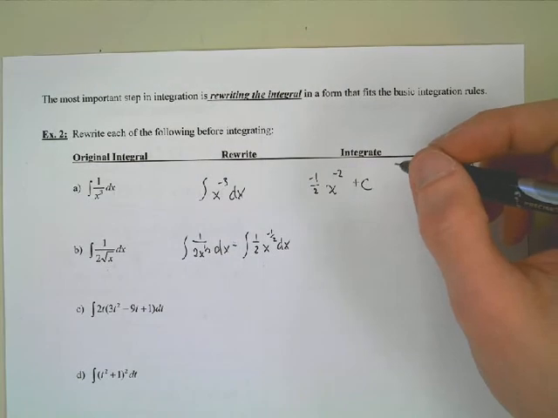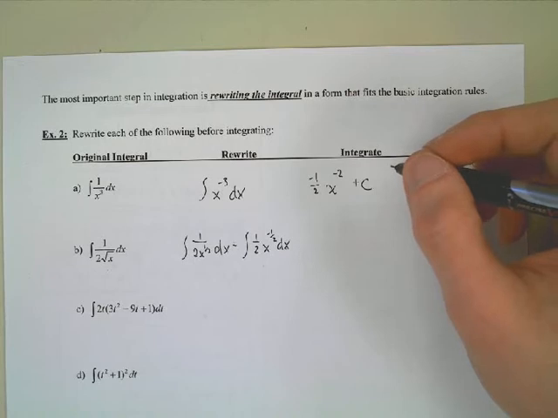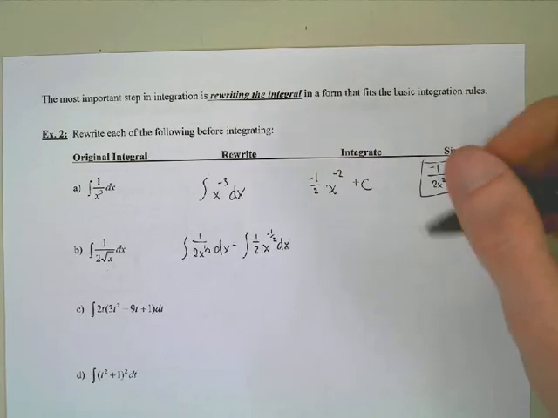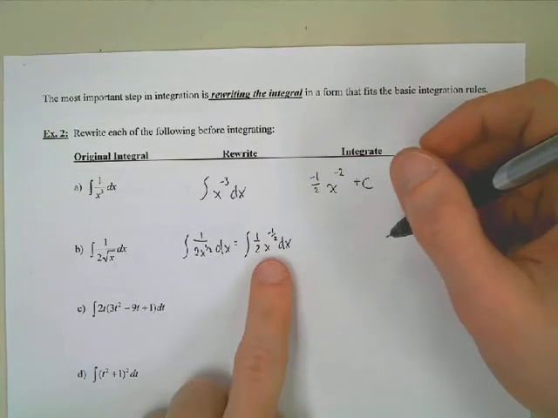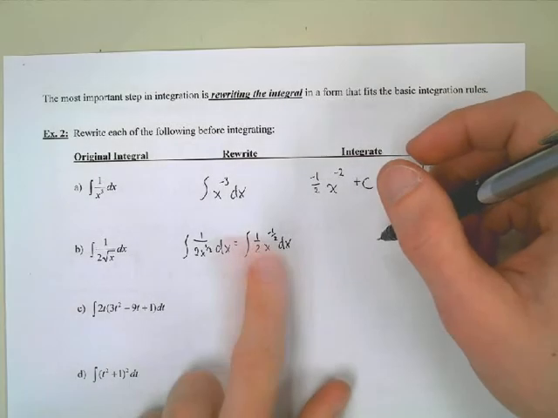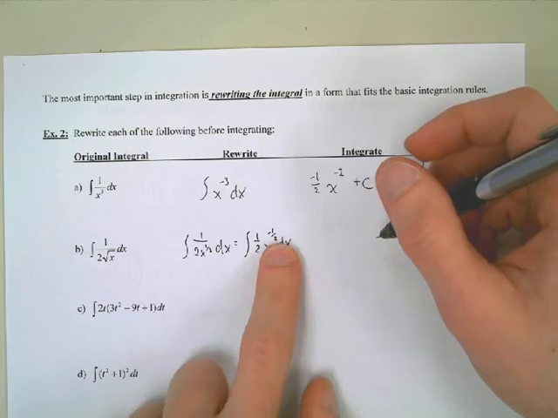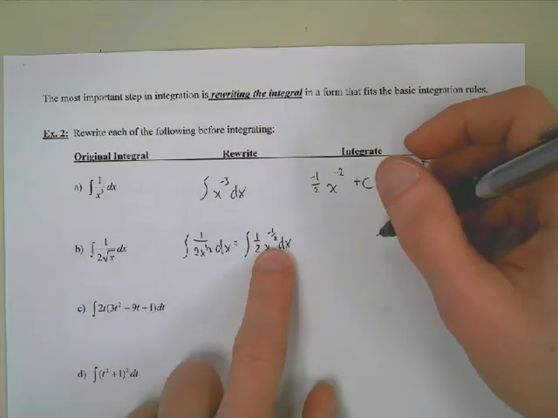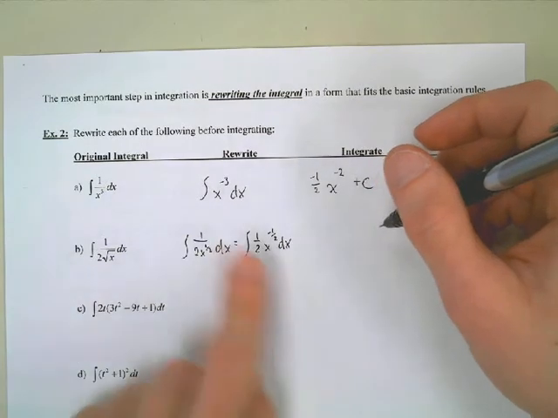Okay, so there it is. When we integrate x to a power, what do we do to get our new power? You add 1. So negative 1/2 plus 1 becomes x to the 1/2.